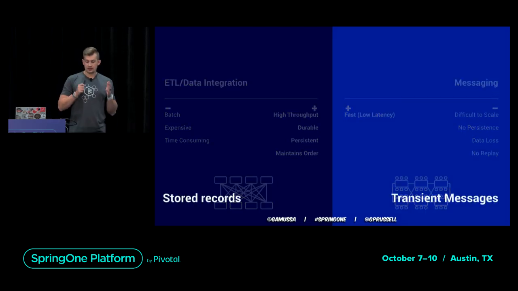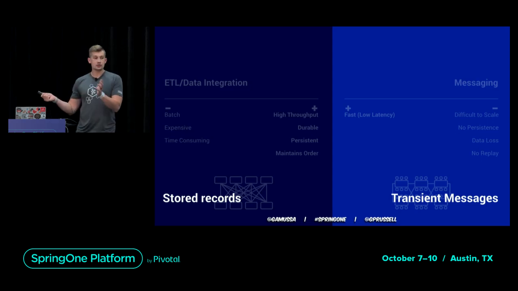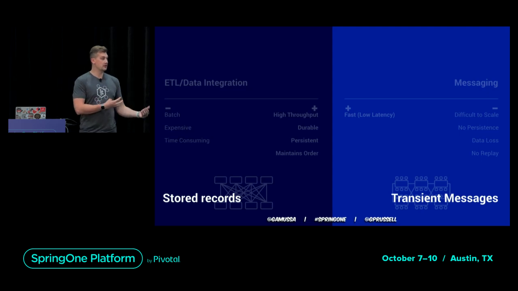So the persistency, high throughput, and usually messaging systems are not designed to be highly distributed, right? Or maybe very well designed in terms of persistency.